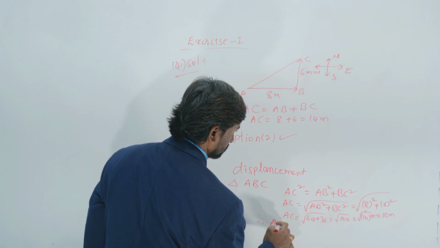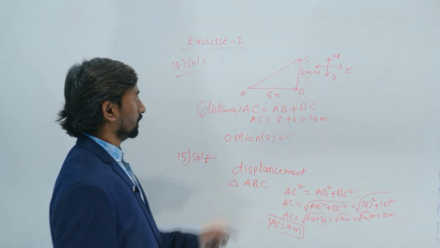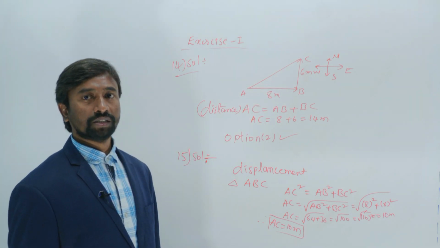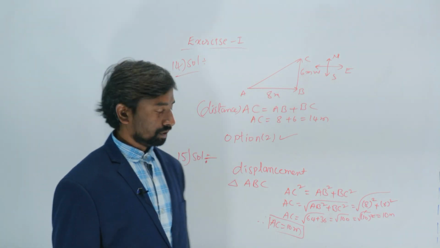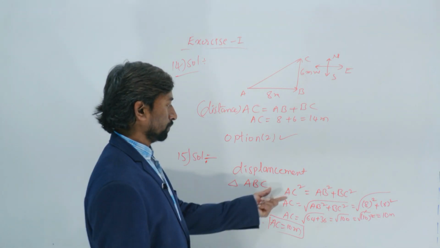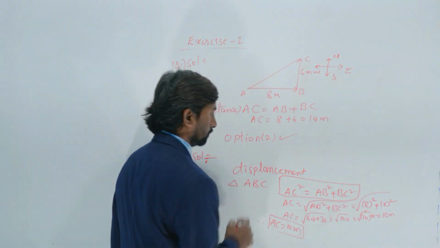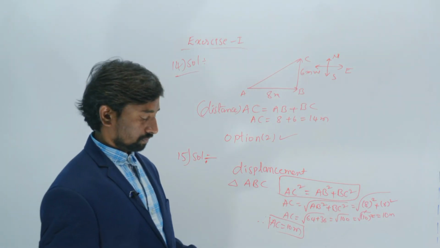That is the displacement, the shortest distance between the initial and final position, using the Pythagoras theorem: hypotenuse square equals base square plus height square.